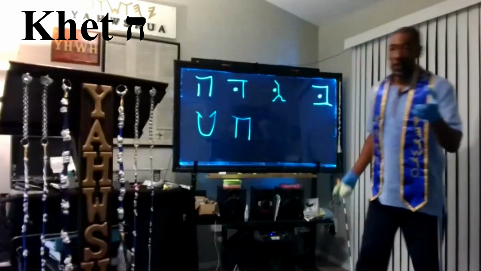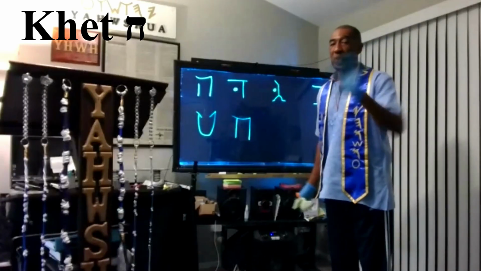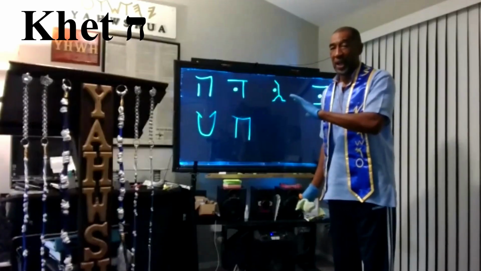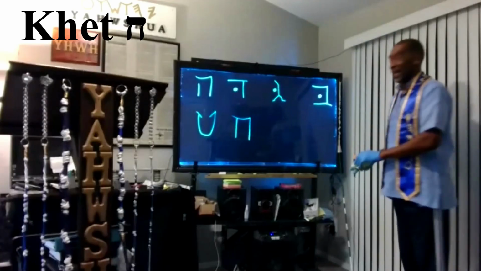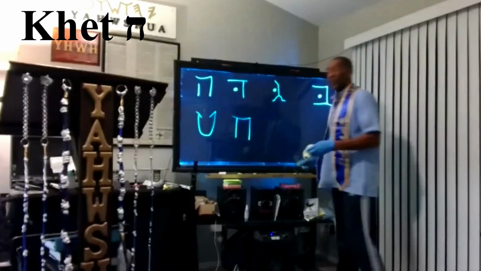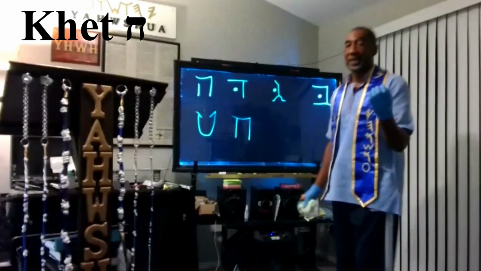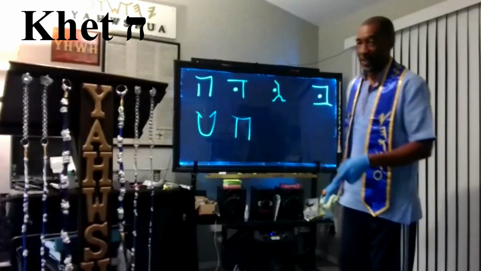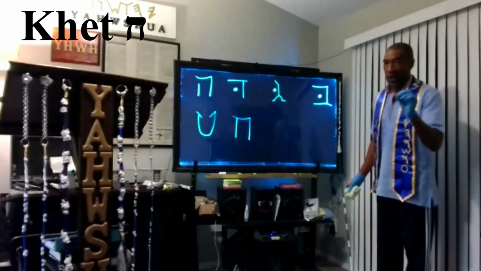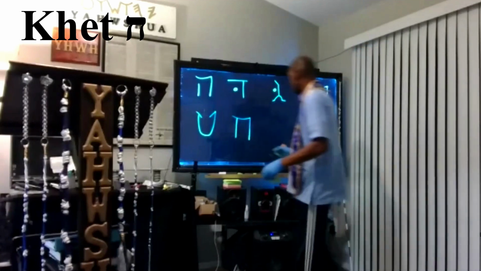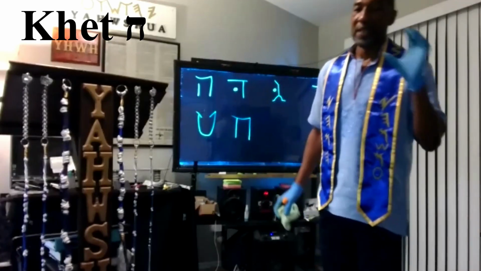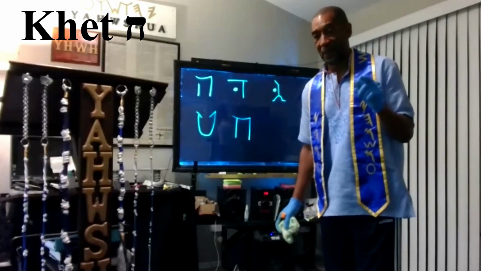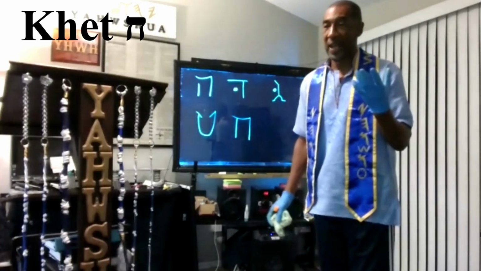So what you're going to have to do is, when I send you the recording, this is how I do the recording. When you pronounce it, the het, that's a letter you have to practice, otherwise it'll sound like a hey.